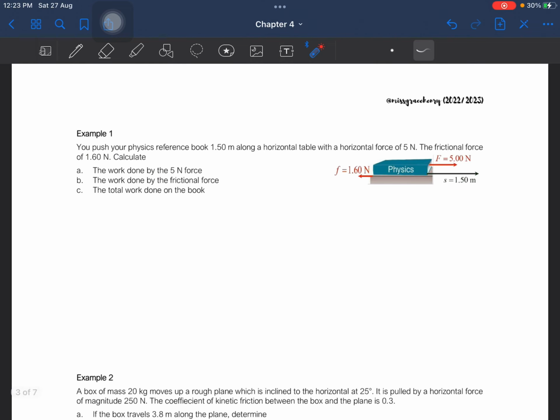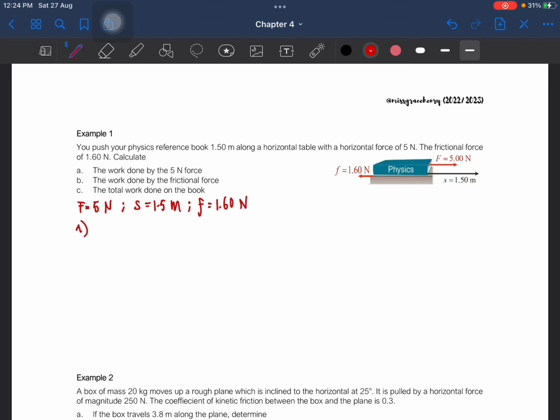Okay, now let's look at example number 1. So you push your physics reference book 1.5 meter along a horizontal table with a horizontal force of 5 Newton. Okay, so given is the force, which is 5 Newton, and then the displacement is 1.5 meter. And lastly, they tell you the friction force is 1.6 Newton.